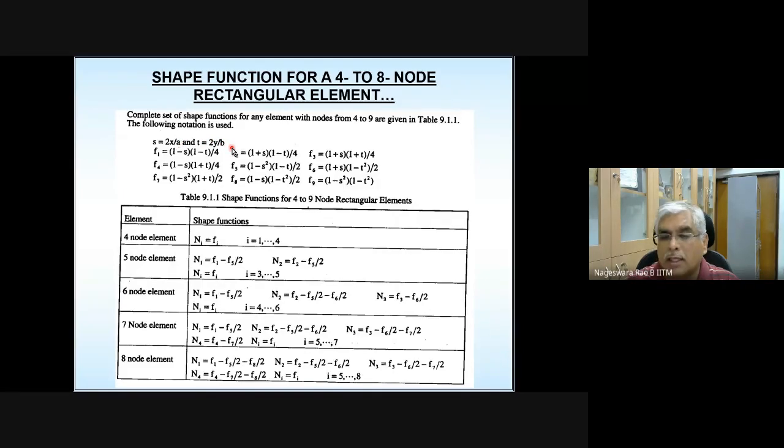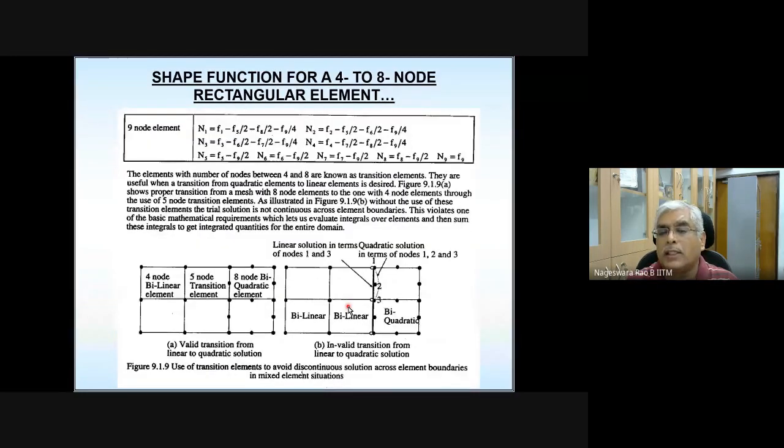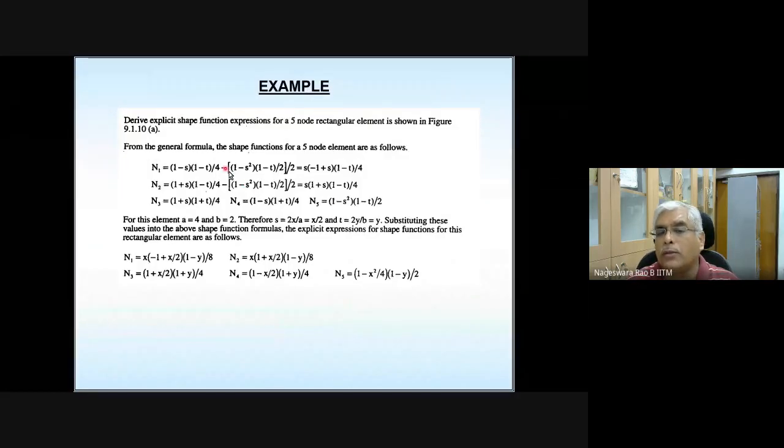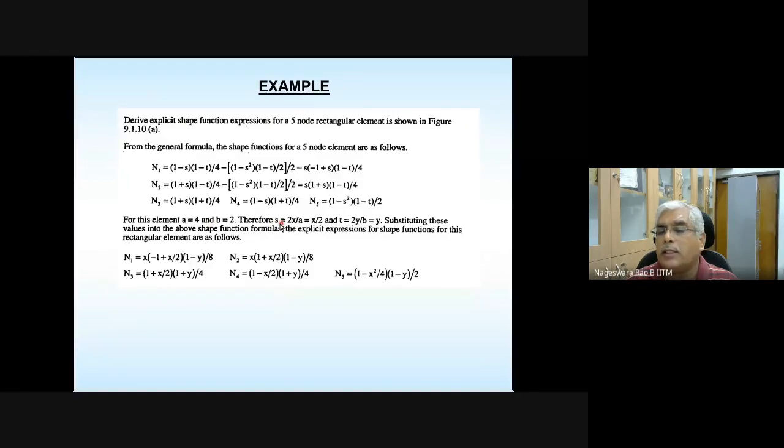A and b are nothing but this dimension and this dimension. So if you want to apply those equations, you need to find what A is. A is 4 units, B is 2 units. With that, find the relation between S and X, T and Y, and then use those expressions and convert in terms of X and Y. You can do it either way.